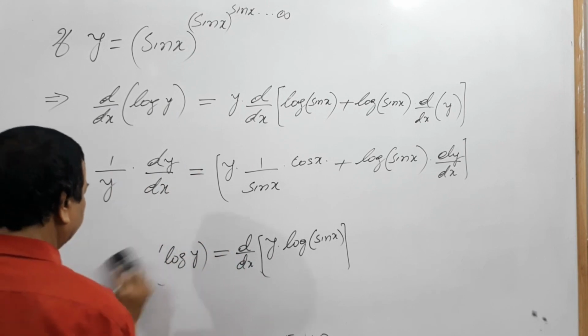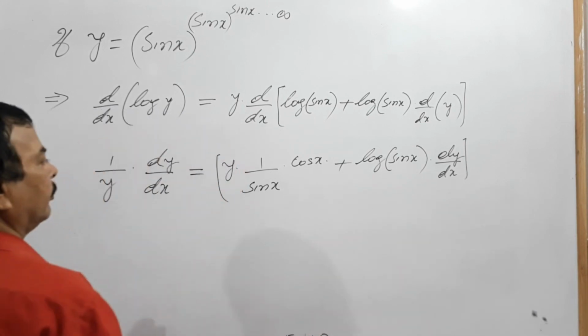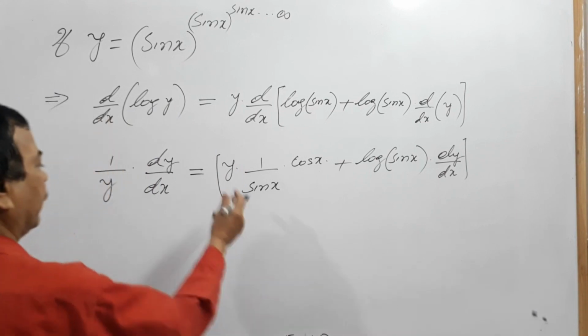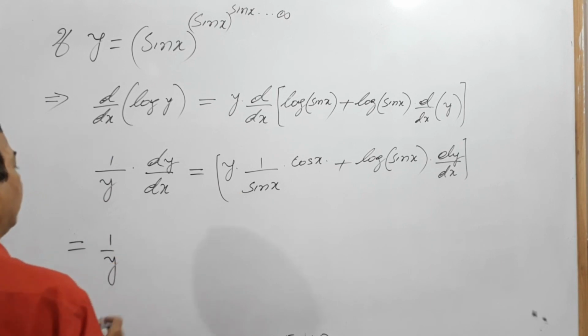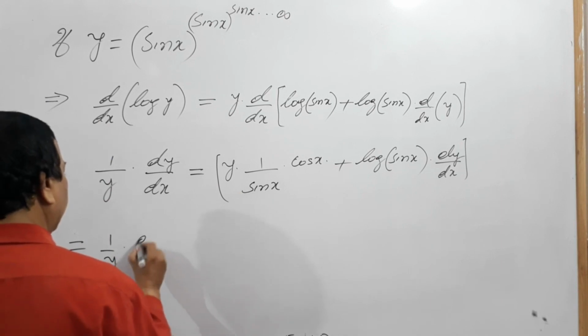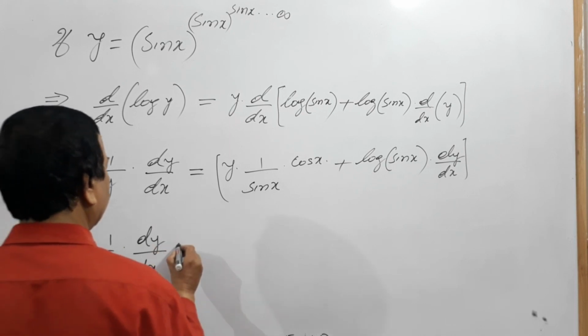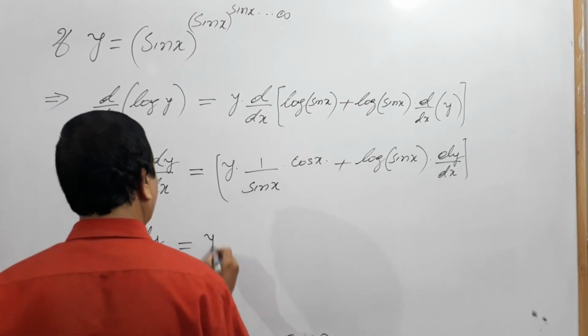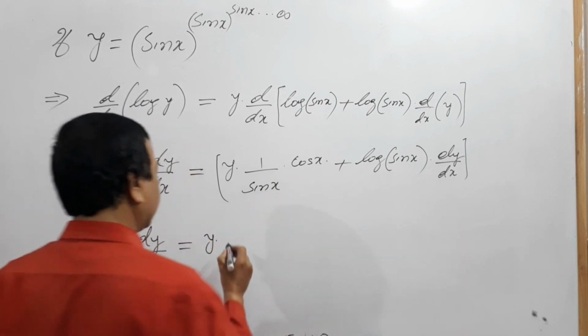I'll rub this. So, one more step. This is 1 by y into dy by dx equals y into cos x by sin x, which is cot x.